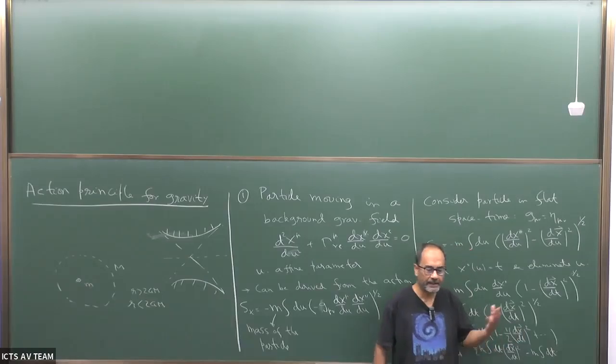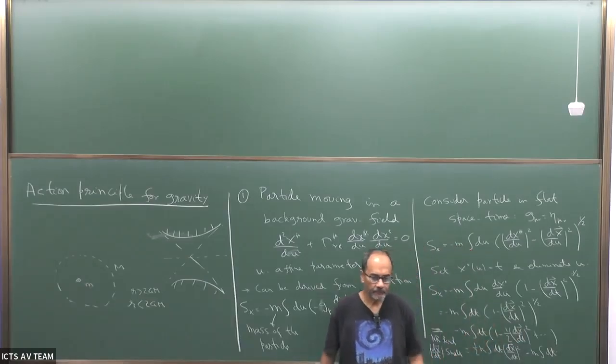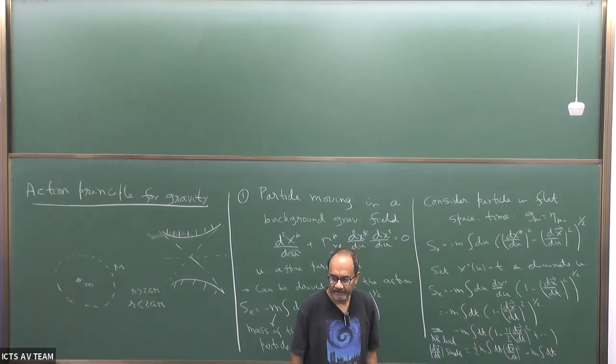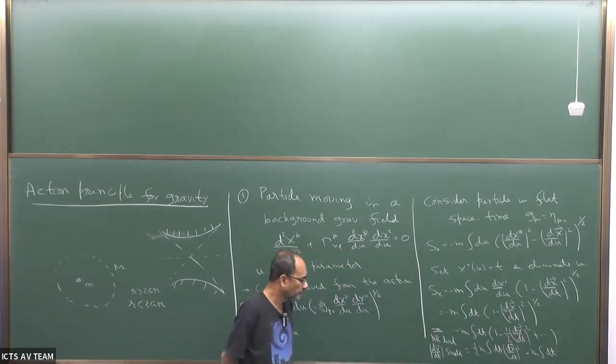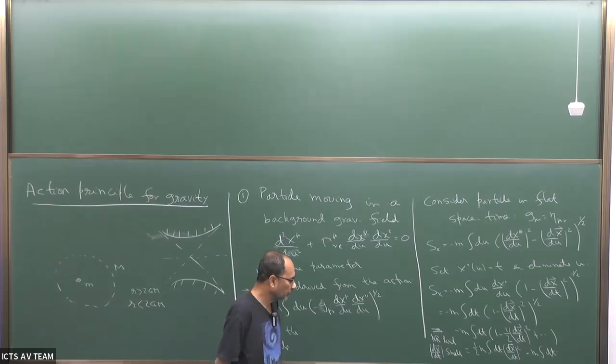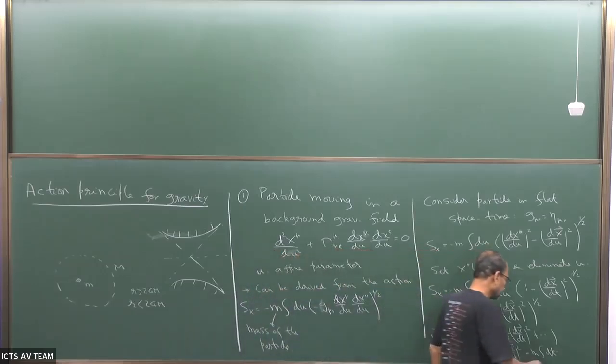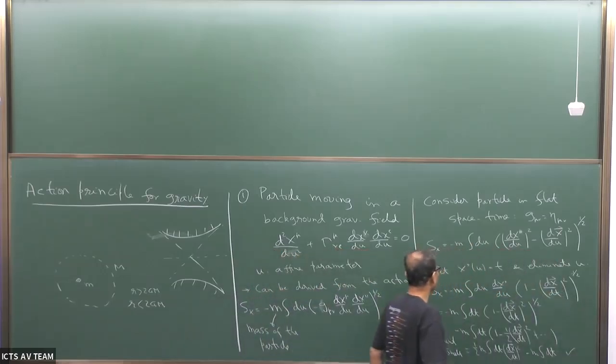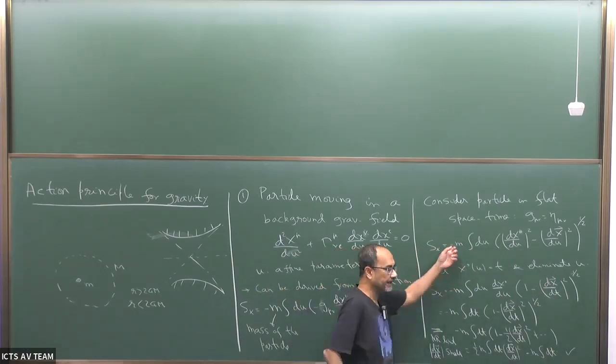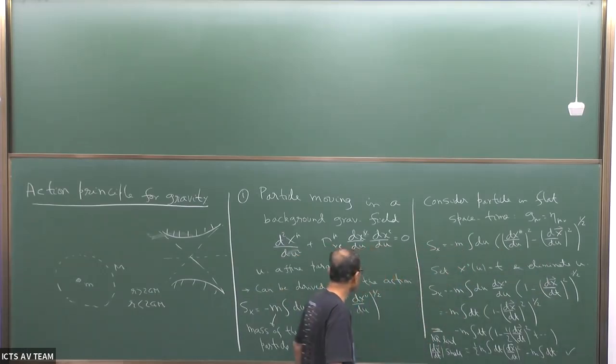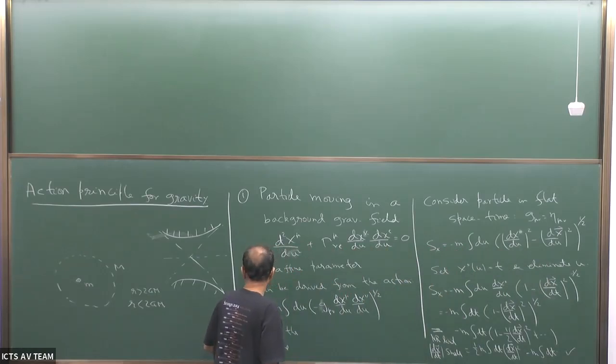Normally we don't include it because m is just a constant, but in the strict sense you should have added that minus m in the Lagrangian. So this is the correct normalization. That shows that the minus m that we have chosen is the correct normalization.